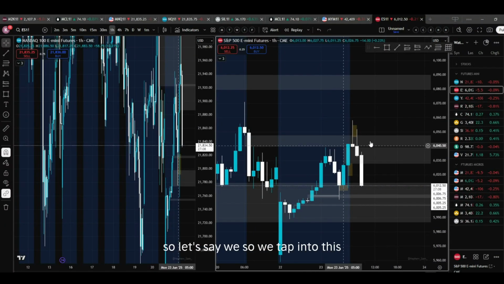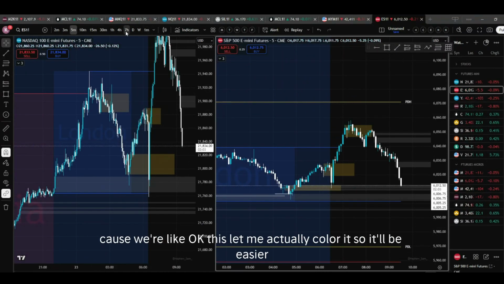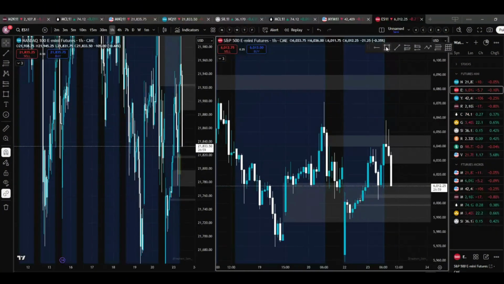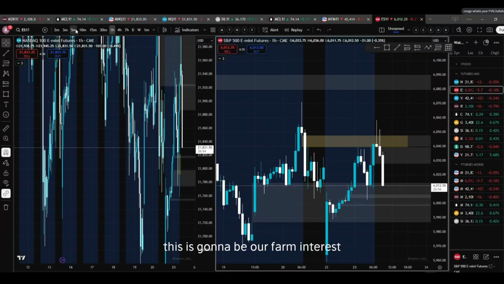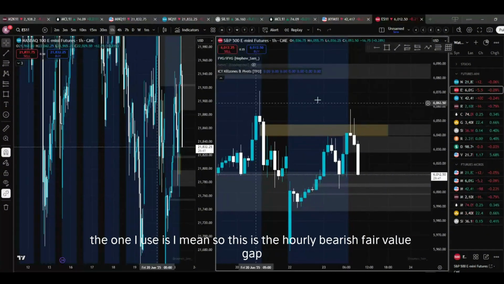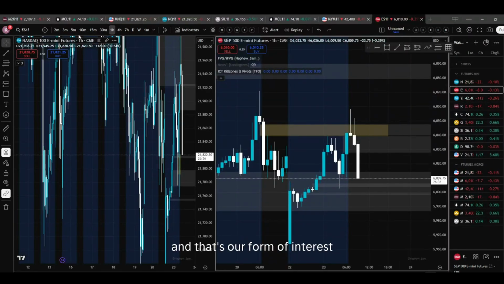So let's say we tap into this, and then we go down and start looking for unicorns. Let me actually color it so it'll be easier. Right, so here we are. This is going to be our point of interest. The one I use is this one, by nephew Sam. This is the hourly bearish fair value gap, and that's our point of interest.